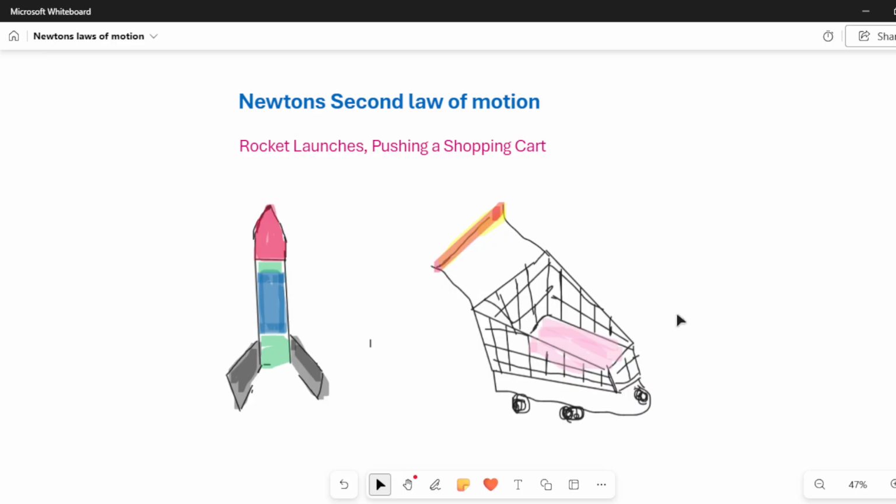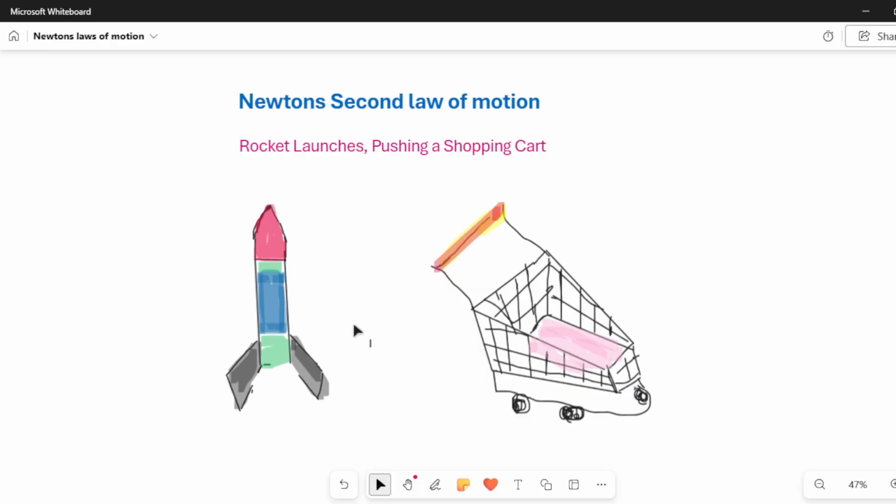But in case we start adding grocery items inside our cart, the mass increases. So what will happen? Your acceleration reduces. So you will require more force to push this cart, and it will become slower as more and more mass is added. So this is one of the applications of Newton's second law of motion.